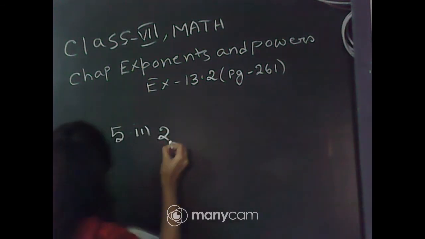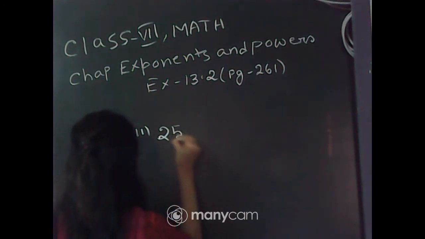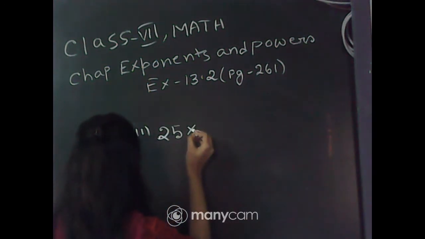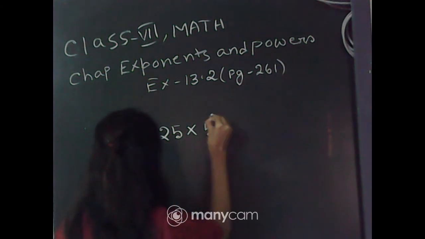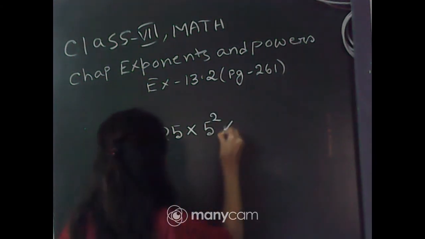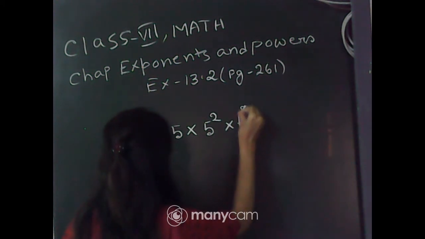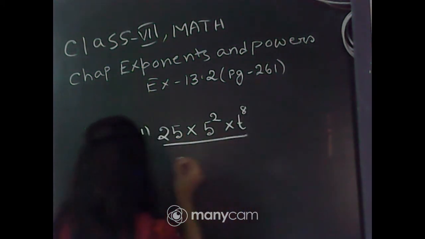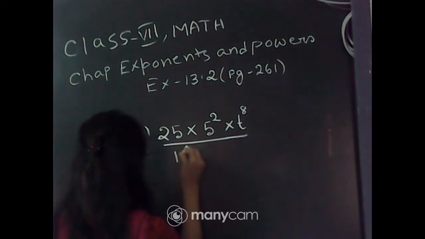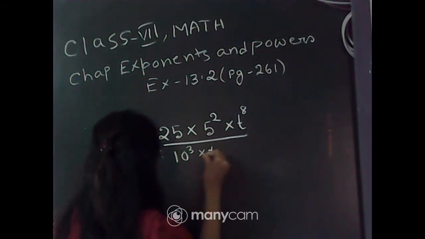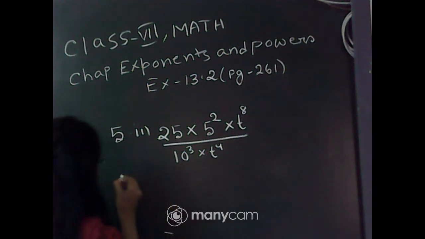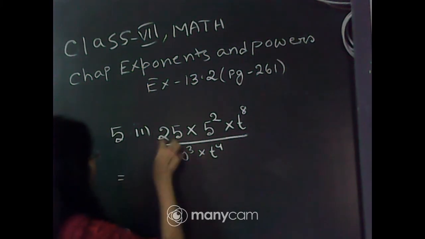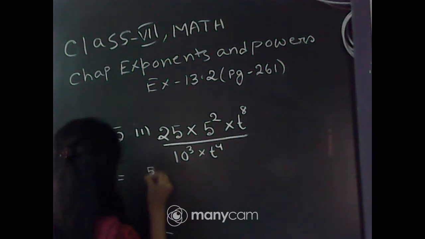We have to simplify this. The given math is 25 into 5 square into t to the power 8 divided by 10 cube into t to the power 4. Now we can write 25 as 5 square, isn't it?